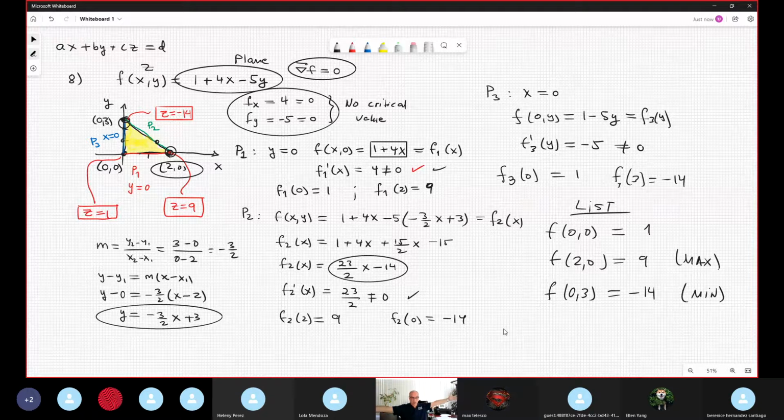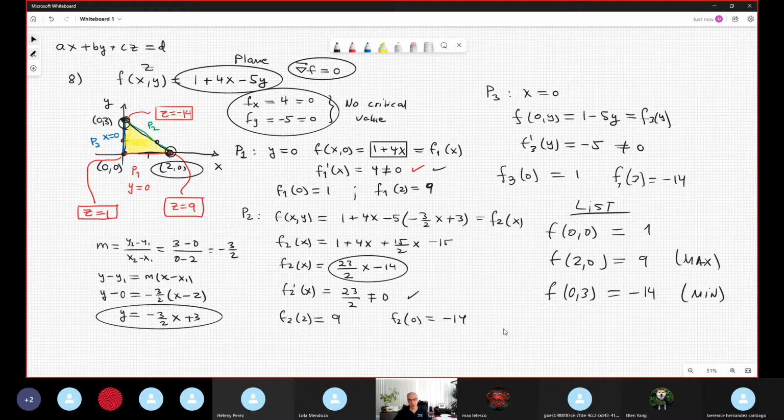Look, listen to me. The collection of the critical values that you compute when you enforce the gradient equal to 0, put in the list. Maybe it's not necessarily one solution, maybe it's 2 solutions. But similar to doing the optimization problem without constraints, plus the corners of the region, plus the intermediate values which are also critical.